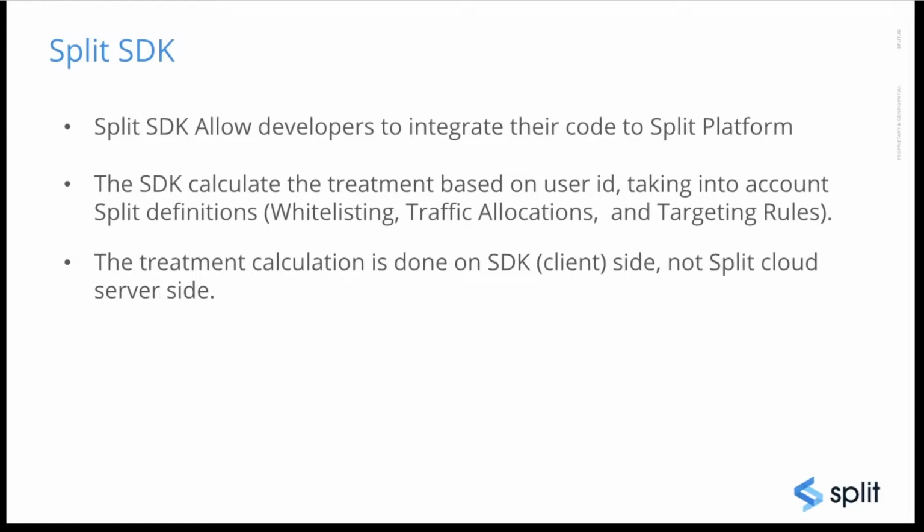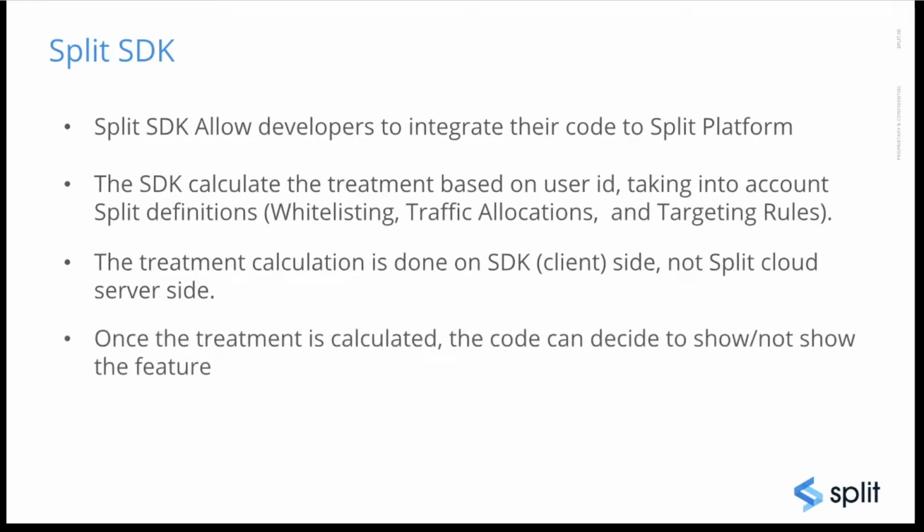So the calculation is done on the client side, not on the server side. Once the treatment is calculated, your code as a developer needs to integrate that piece, and then you're going to decide to show or not show the feature based on the treatment that this user got.